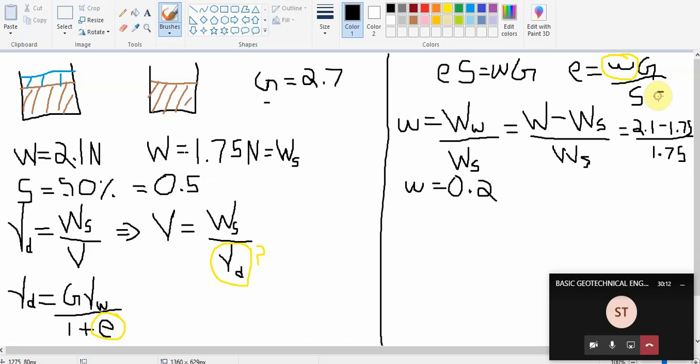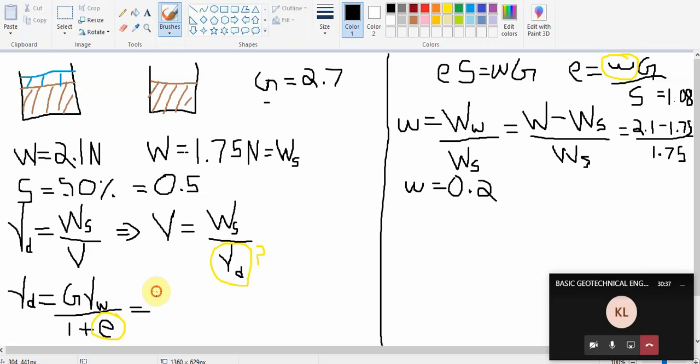W is 0.2, G is 2.7, and S is 0.5. So E will be equal to 1.08. Now substitute this value of E in this equation.